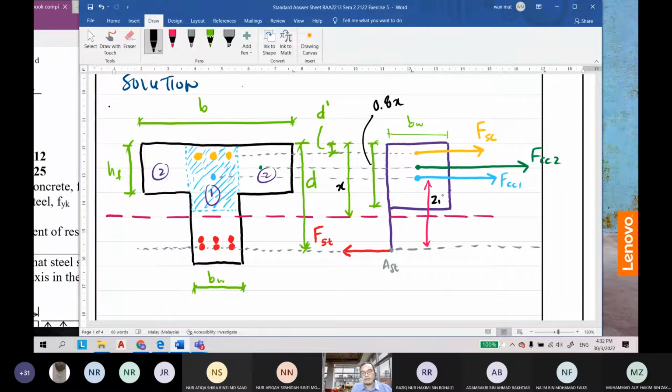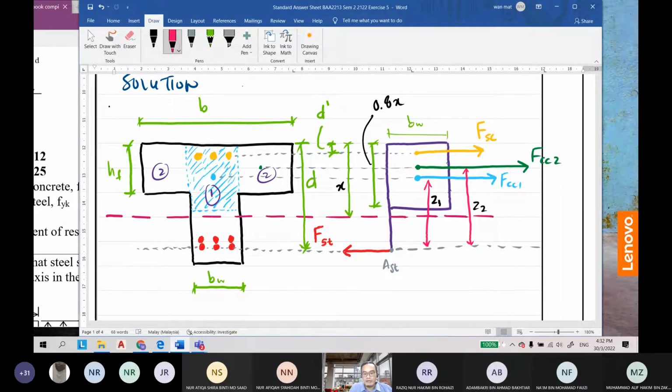I hope you can see this. You know how to draw this one. And then from FCC2, the distance here to here is equal to Z2.